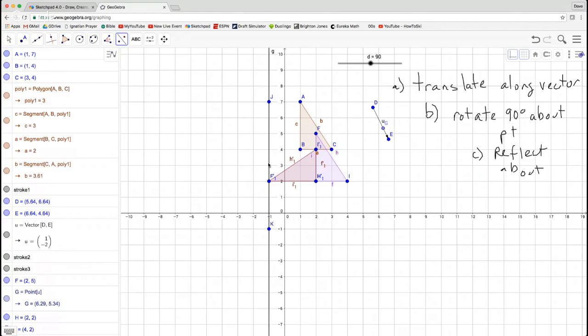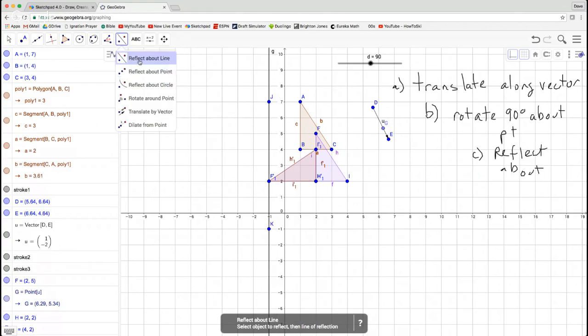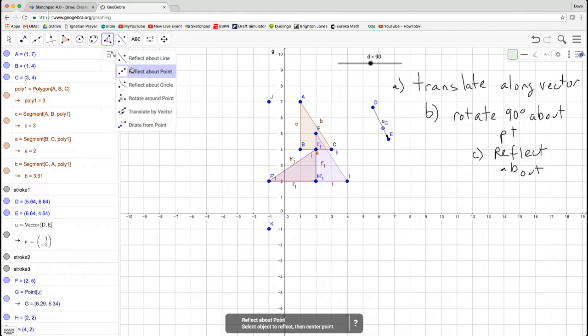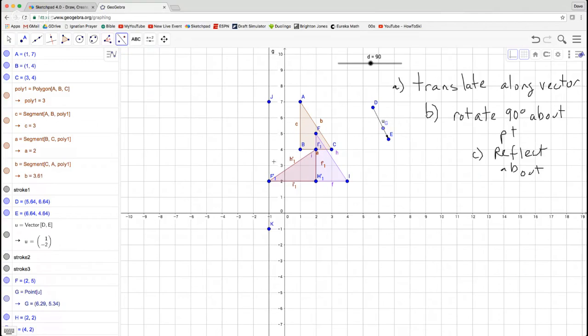Reflect this object about this line. Why is this not working? Reflect about line.